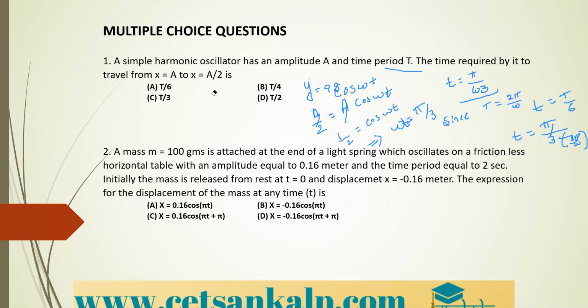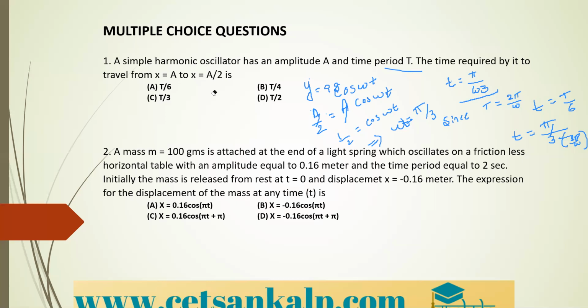Initially the mass is released from rest at t is equal to 0 and displacement x is equal to minus 0.16 meter. So initially at t is equal to 0, displacement is minus 0.16. Correct?